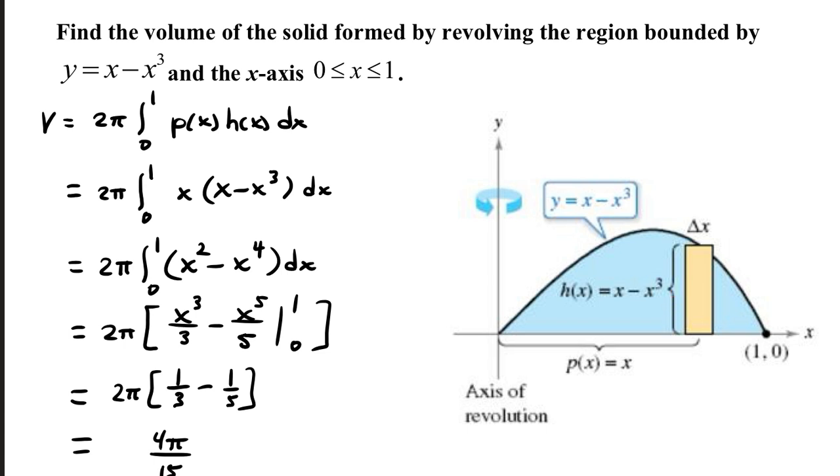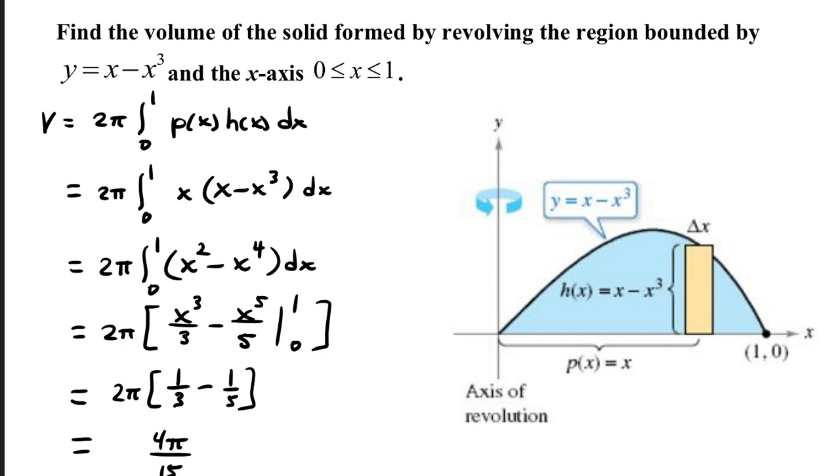Back to the left of your screen, 2 pi integrating from 0 to 1, p of x times h of x dx. P of x is x. H of x is your function x minus x cubed. Distribute, that's x squared minus x to the fourth.